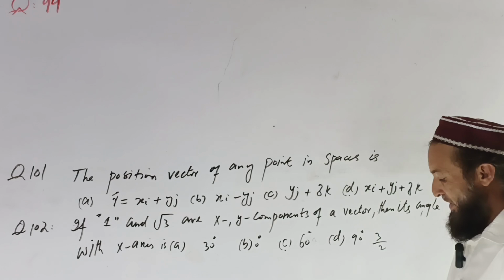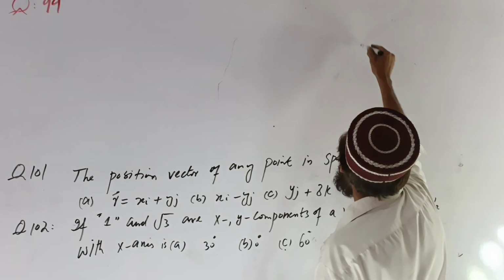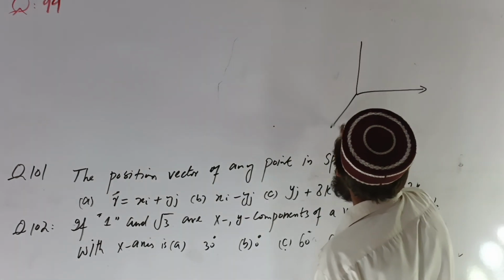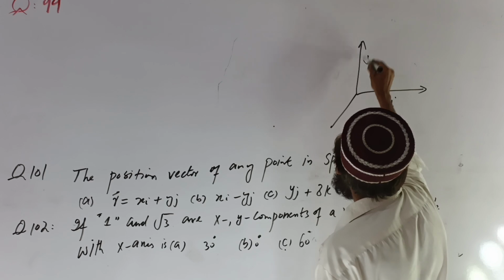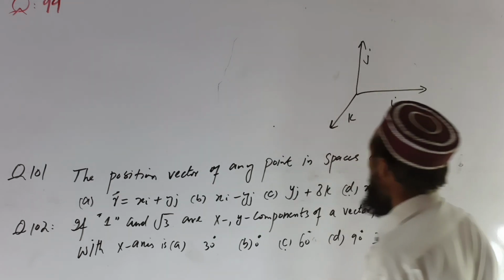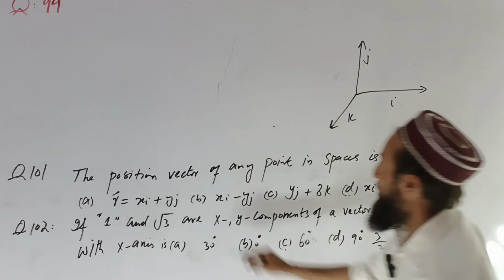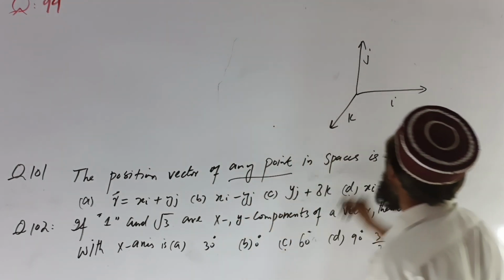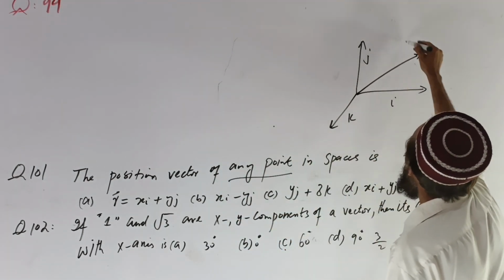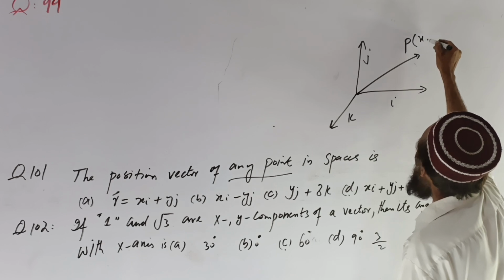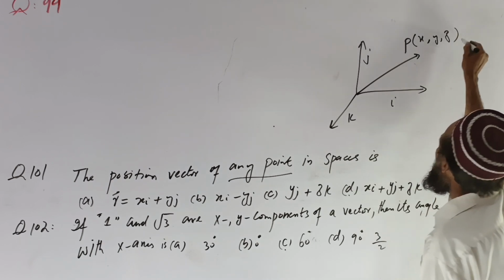Three-dimensional space is given, where i, j, and k are given. So there will be a position vector of any point. If we take, for example, this point, we write x, y, and z.